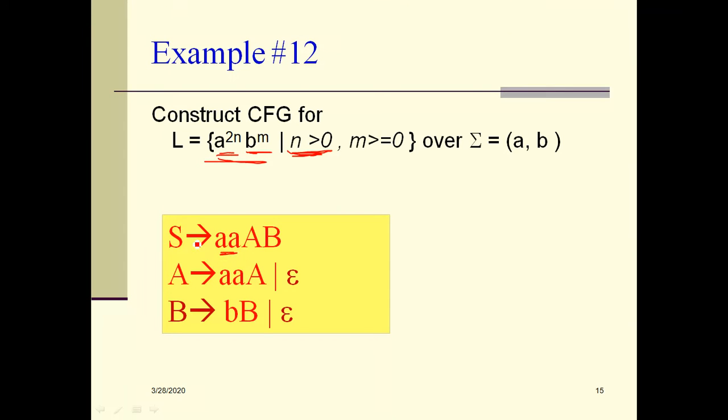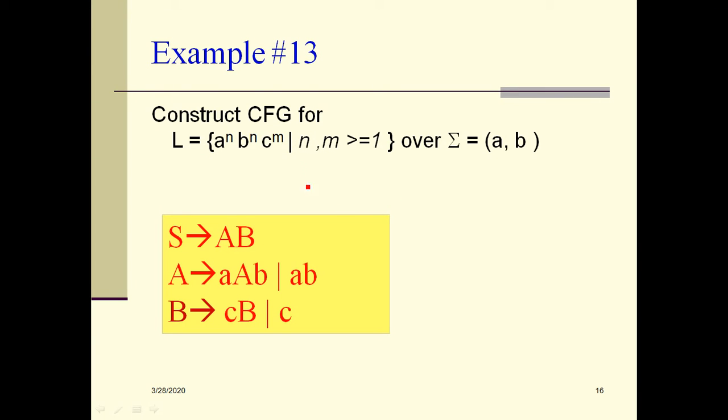Starting from the start symbol, 2 A's are always there, right? And then this capital A will generate A's in multiples of 2, and you can always terminate this with the empty string. And this B can be empty, so it generates 0 or more B's using this rule. So this is the grammar for A raised to power 2n and B raised to power m.